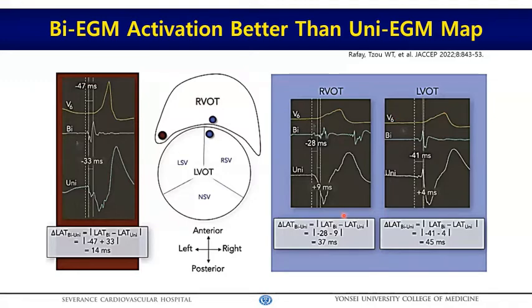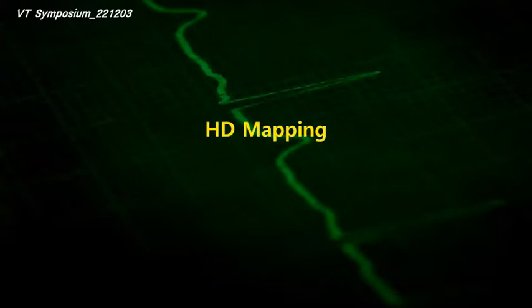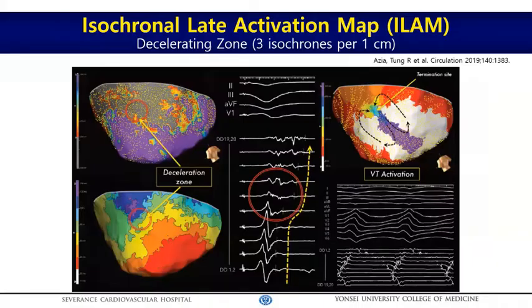So we have to carefully observe the activation timing, unipolar QS morphology, and also activation time difference between bipolar electrogram and unipolar electrograms. After the introduction of high-density mapping catheter technology, substrate mapping became easier and more accurate.